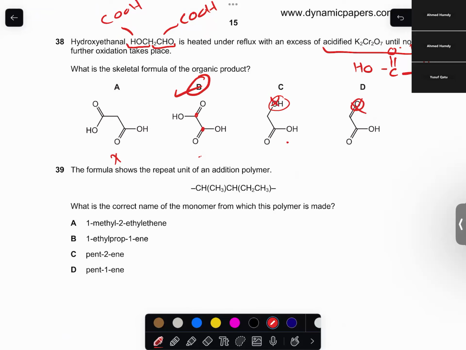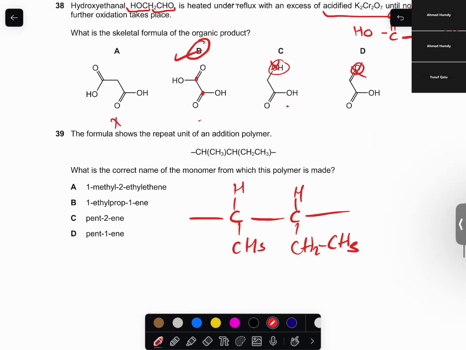The formula shows the repeat unit of an addition polymer, with CH3 and CH2CH3 groups. What is the name of the monomer? To find the monomer, we just remove this bond and this bond and return the double bond here.